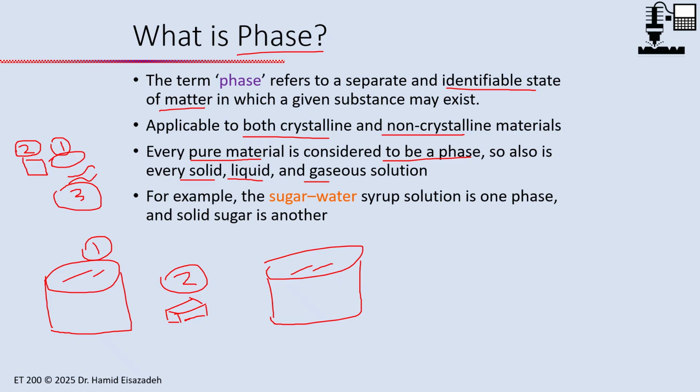So we're going to mix sugar with the water. The sugar should be some amount that it's going to be solved completely. Then this mixture gives you a unique phase, and it's a solution, right? A unique phase which is called syrup. So this is new in terms of composition, and also in terms of phase, it is different from this one and this material.